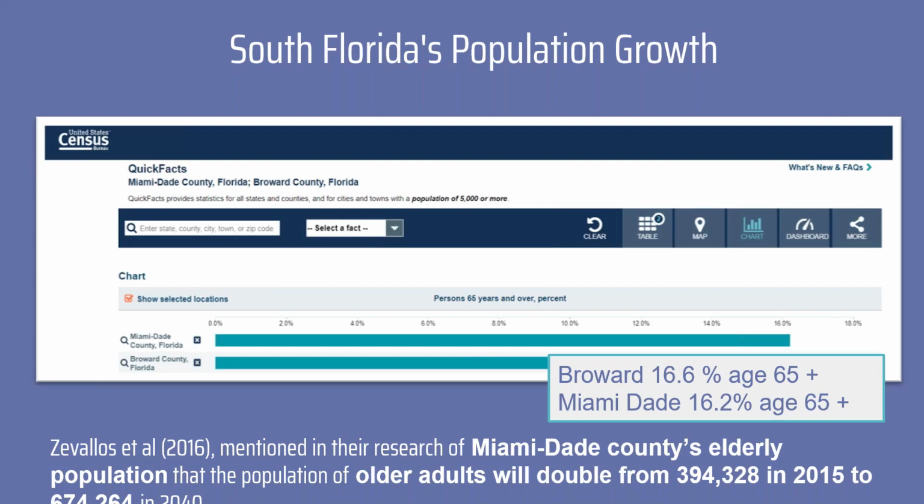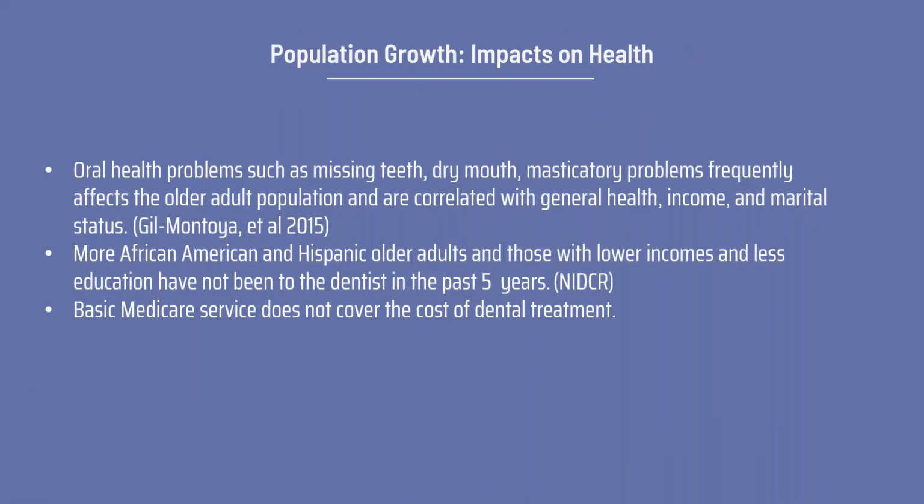And this population is growing, according to the research of Zevallos on Miami's elderly population, which shows that the elderly population of around 400,000 in 2015 will reach up to around 700,000 in 2040. This population growth has a huge impact on health.